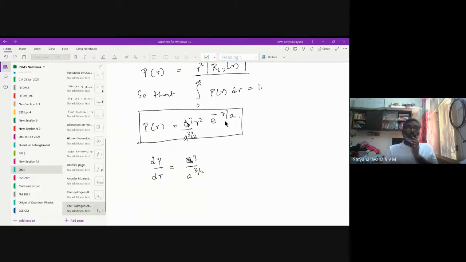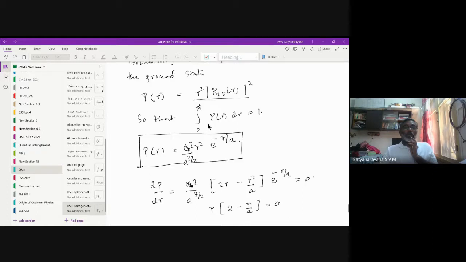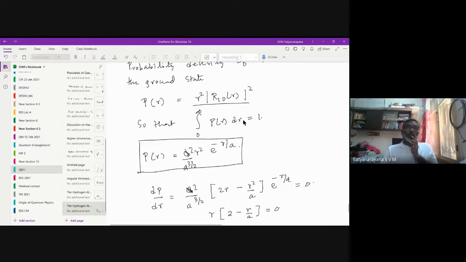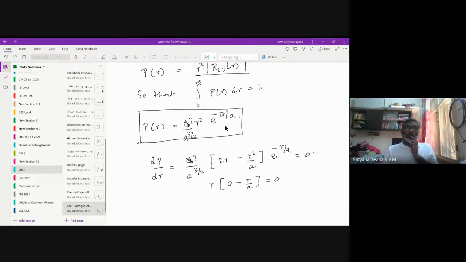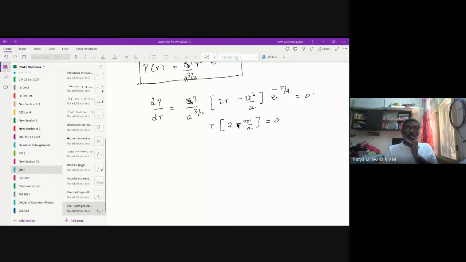So 2 by A to the power 3 by 2 into, I have 2R here, minus R square by A, into e to the minus R by A. So if I equate this to 0, then I have R into 2 minus R by A equal to 0, so 2R by A. That implies R equal to 0 and R is equal to A.